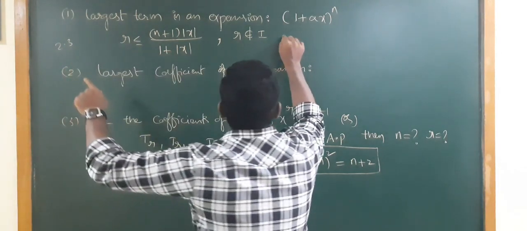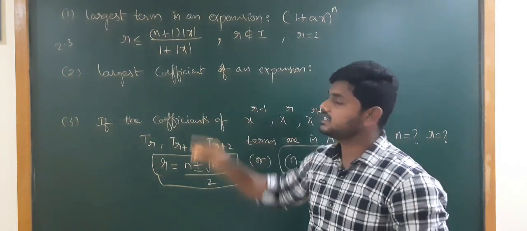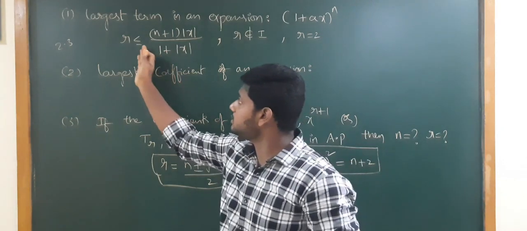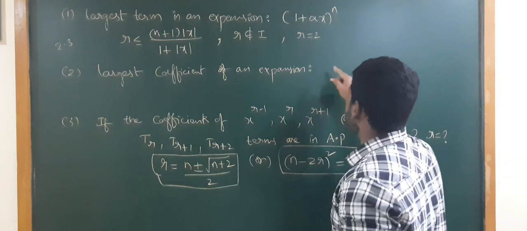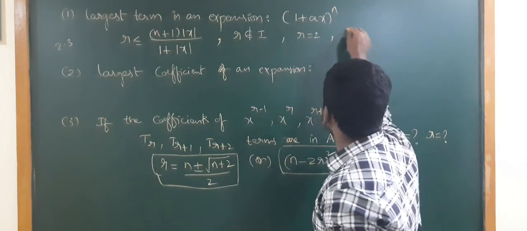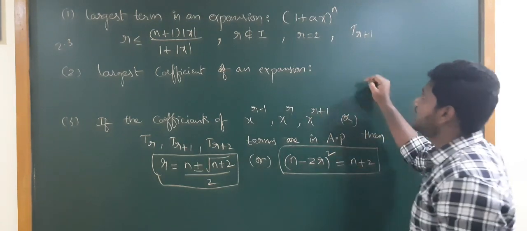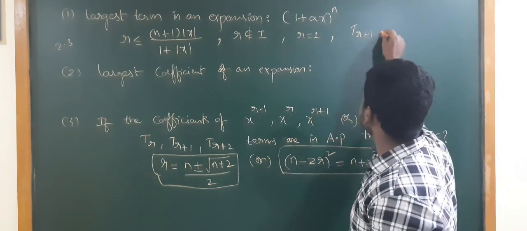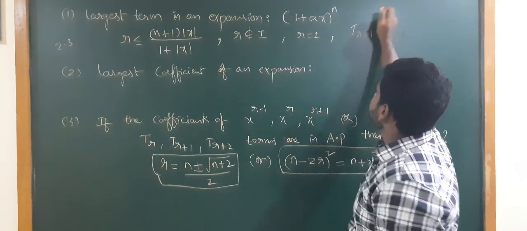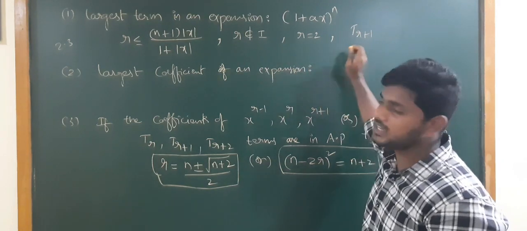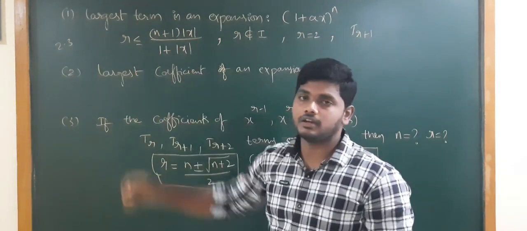So here we need to take the integer less than or equal to it. As it is 2.3, we will consider only 2. That means r is equal to 2, and we need to find T r plus 1. So this T r plus 1 is the largest term in the expansion when the value obtained is not an integer.